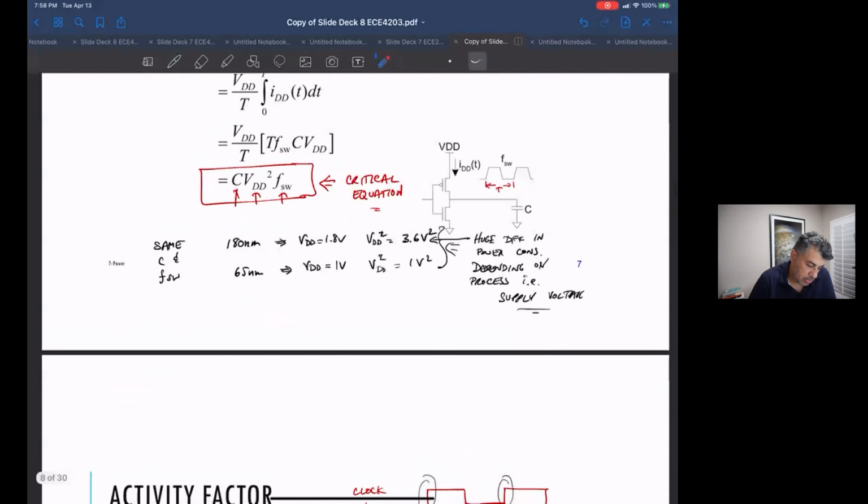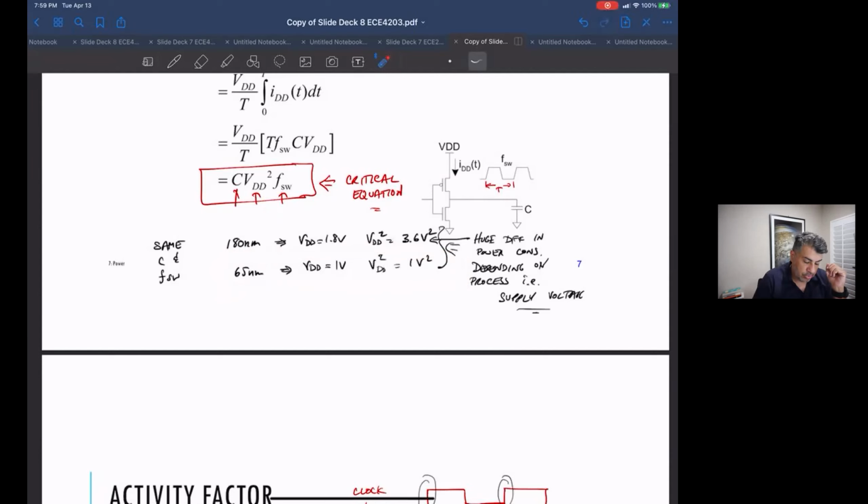We talked about how the dynamic or switching power consumption is a lot lower in the 65 nanometer process because we're at a lower supply voltage. But it turns out in these tighter processes, the leakage current is higher, as we talked about in our transistor lectures.